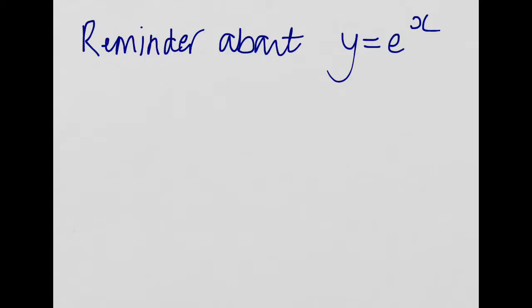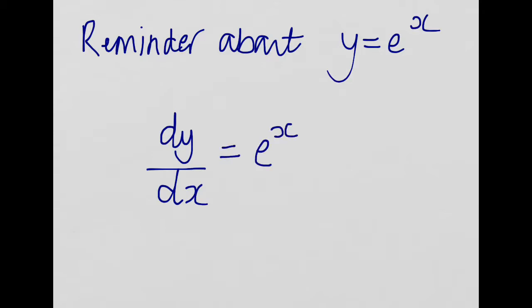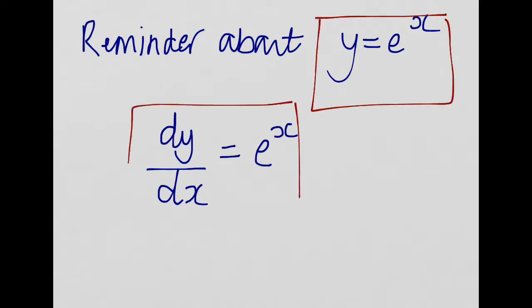And if that's not firm in your mind, you do need to go back, and there's a video available which talks about what y equals e to the x is, and it's really important you understand that, because from that comes the fact that when you differentiate e to the x, the answer is also e to the x, and that's one of the key pieces of information you need to know before you can do this next section of work.